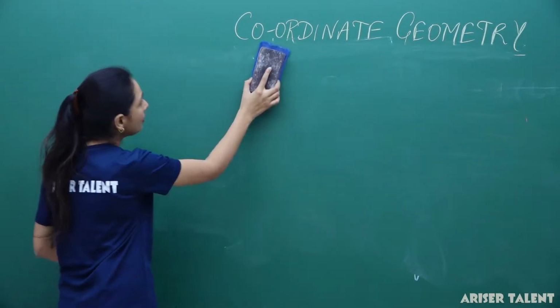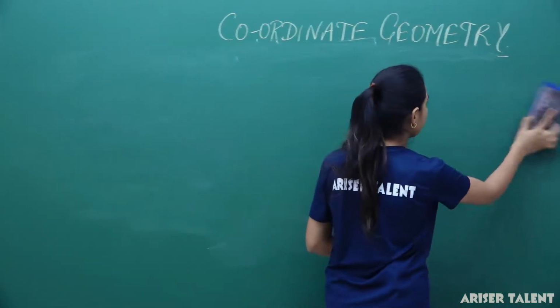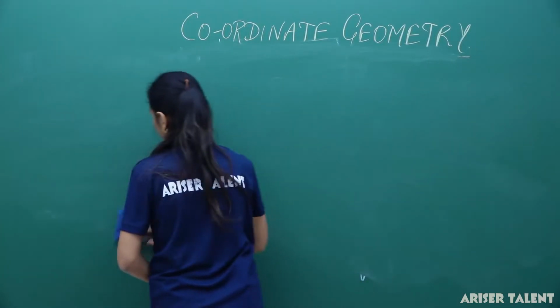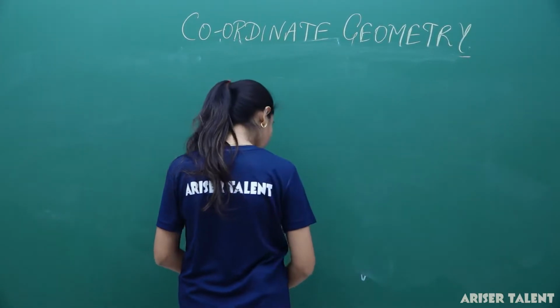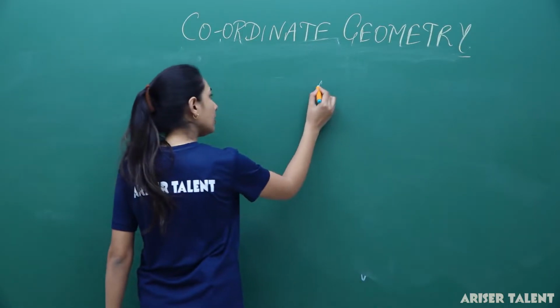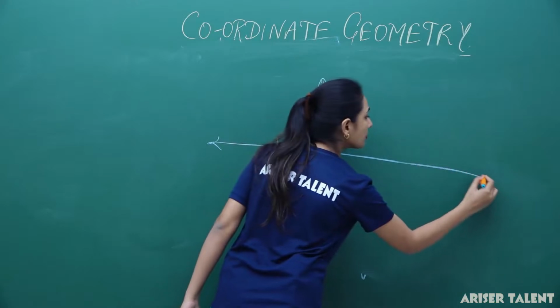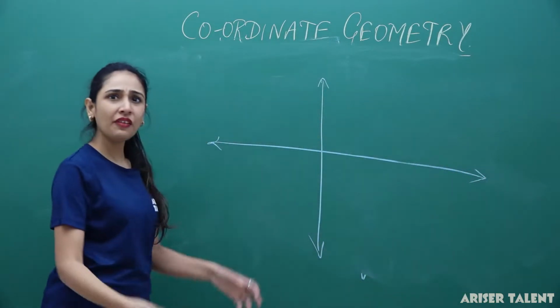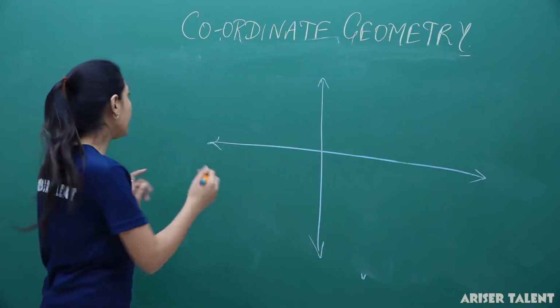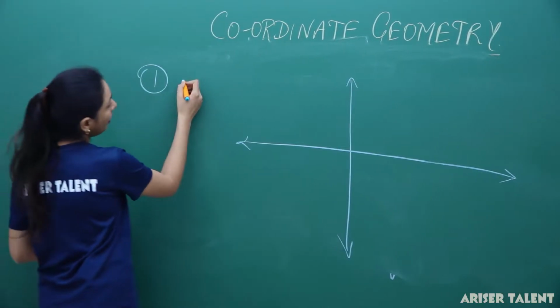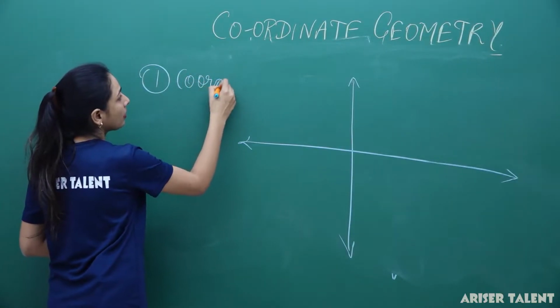Let's have a simple question. We'll make a question and then we'll try to solve it. Okay. So, we have two things. In the first thing, you'll have your coordinates given.